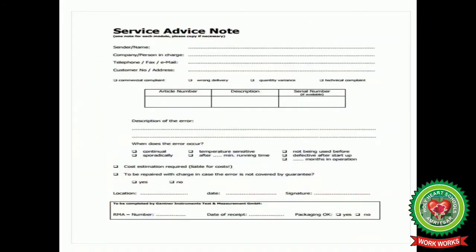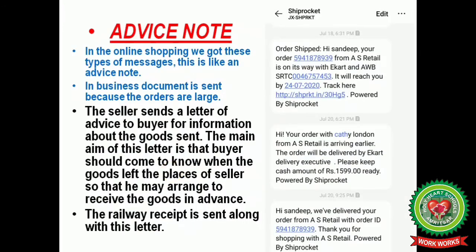After the invoice, the next one is the advice note. This is a sample of the advice note that is made by the companies or the sellers, in which again the details of the buyers, the article number, description, serial number are also given. So first of all, we should know what an advice note is. Like in online shopping, we get these types of messages. This is like an advice note.